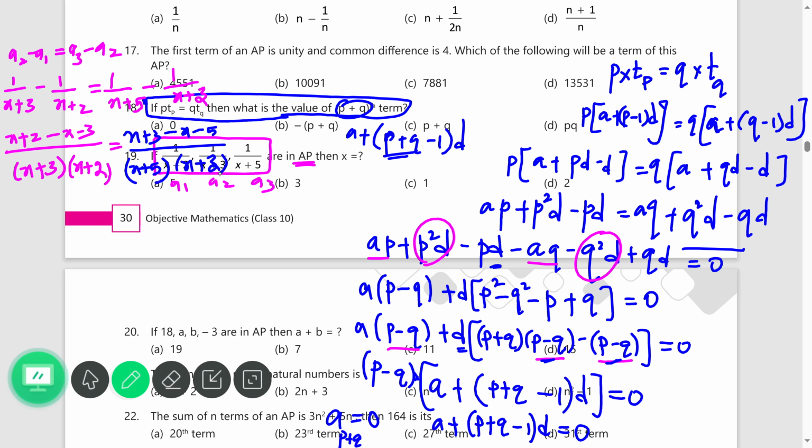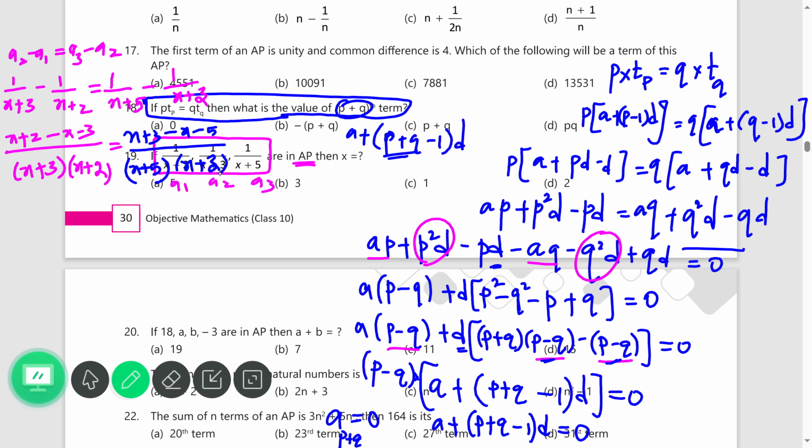Now plus X minus X will be cancelled. 2 minus 3 is minus 1, and here also X plus 3 will be cancelled. Then remaining, minus 1 divided by X plus 2 equal to 3 minus 2 divided by X plus 5.